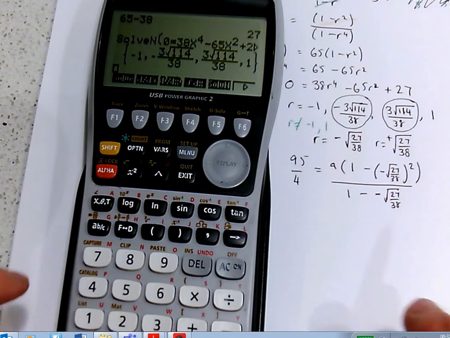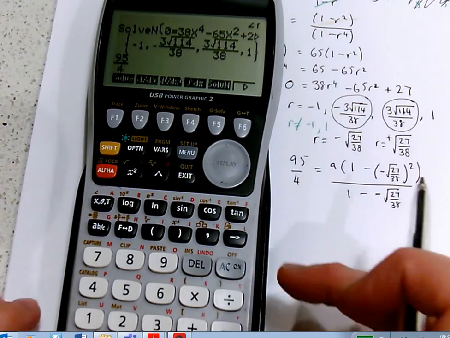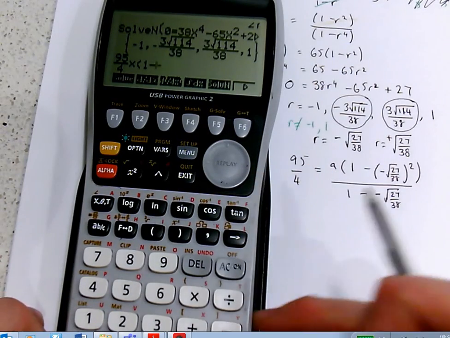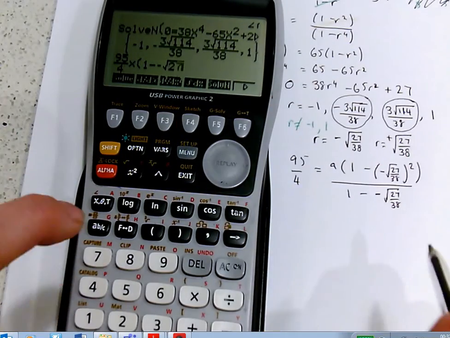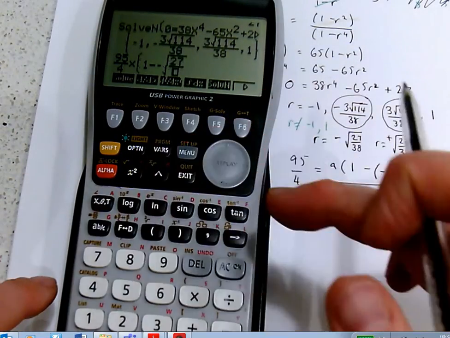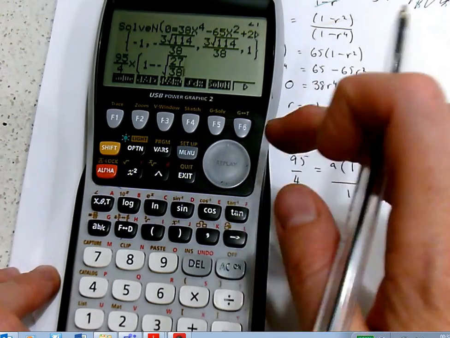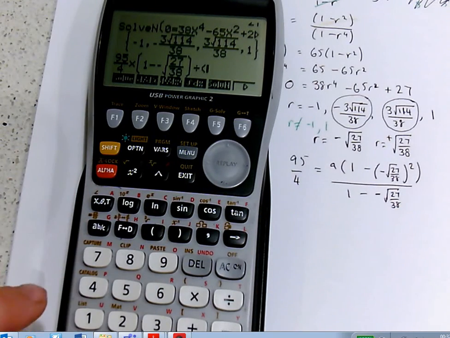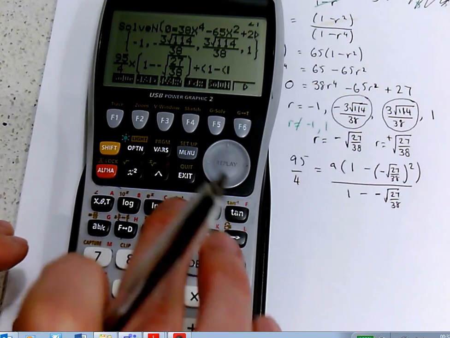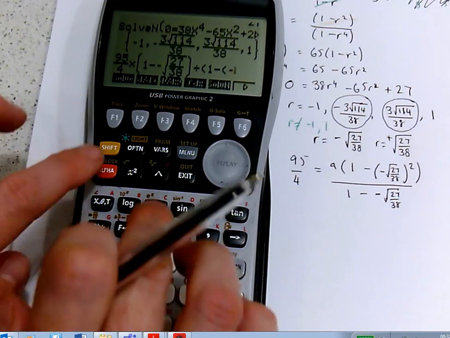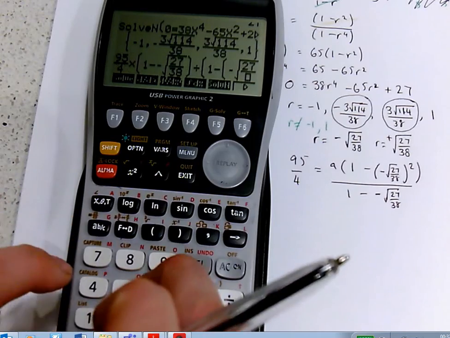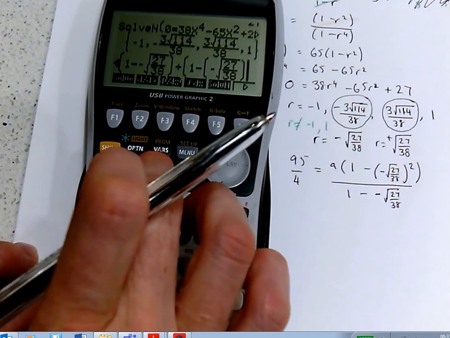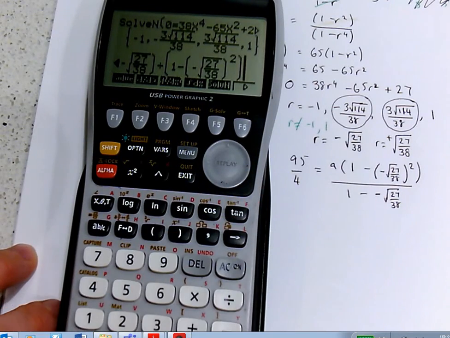Okay, so I've got 95 quarters, and I'm going to multiply that by 1 take away negative root 27 over 38, and then divided by 1 take away brackets negative root 27 over 38, end brackets, square it, end some more brackets.